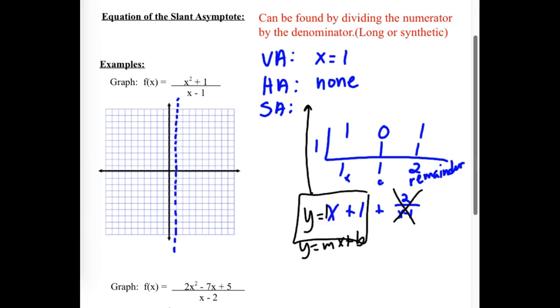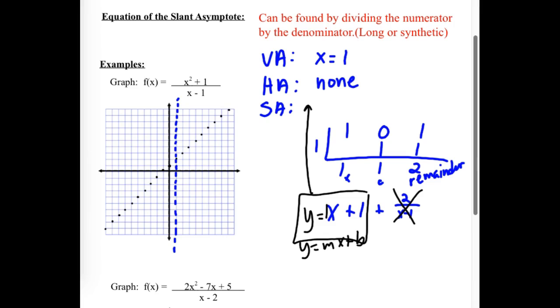We have a y-intercept of 1 and a slope of 1. All right, so I've got a slanted line that my graph is going to be approaching. Okay? We found all of the asymptotes.